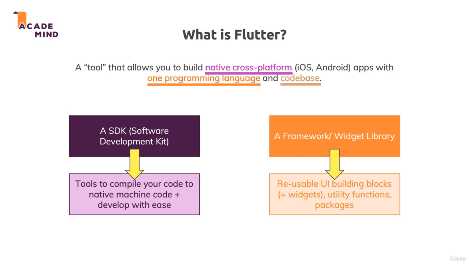You get all of that out of the box. You can style them and customize them, and then you build user interfaces with these tools. In addition, you get a couple of utility functions and generally some packages that help you build what your users see and what your users interact with. And then that code which you build with the help of that framework, that is then compiled to native machine code with the help of the SDK. So that is what Flutter is.